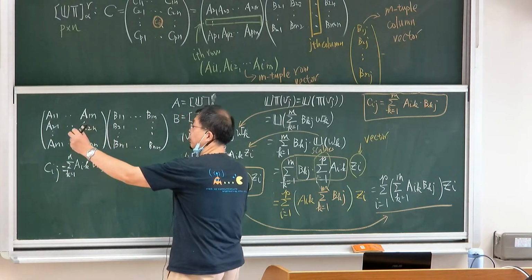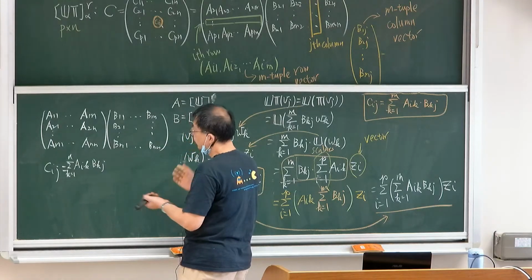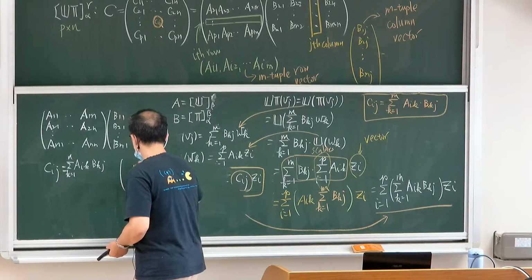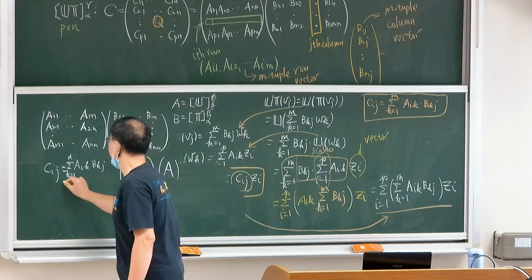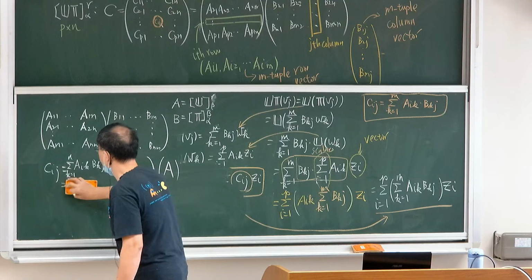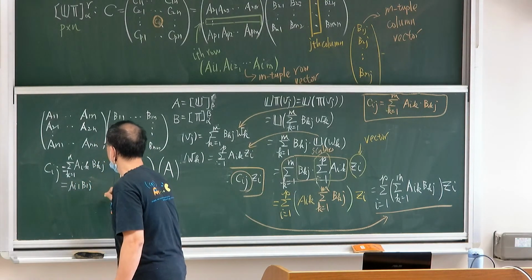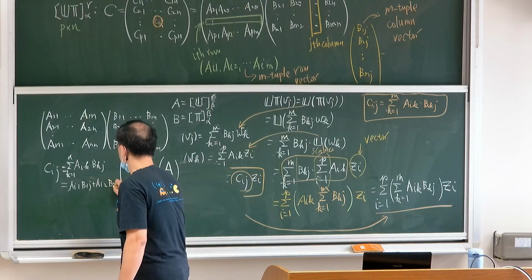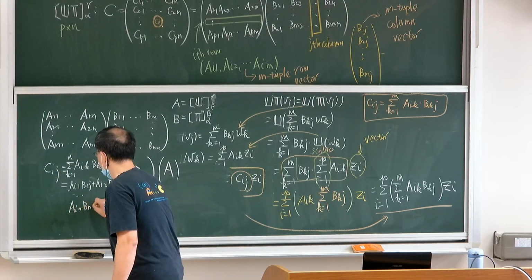But if we change the order of the two matrices, then I have ai1 times b1j, plus ai2 times b2j, etc., to ain times bnj.